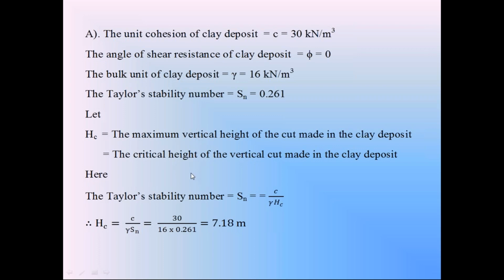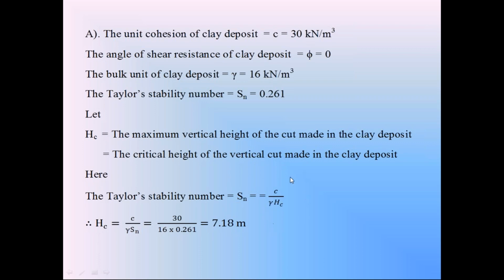Then in the Taylor stability analysis, we discussed this stability number SN. The Taylor stability number SN is equal to C by Cm. I explained this in the theory. It is also equal to C by gamma into HC. Use that equation. You know this SN value 0.261, this C value 30, and this gamma value 16.